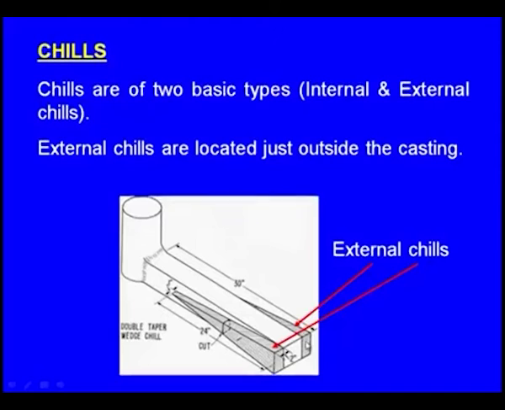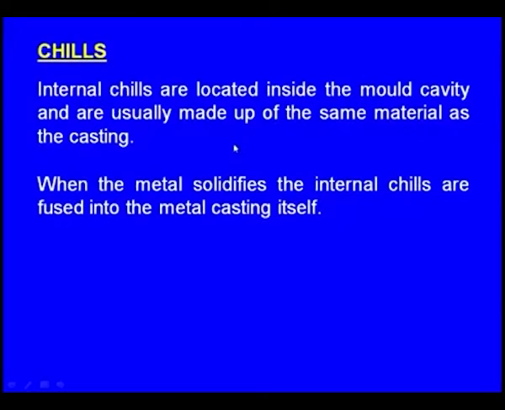So these are the external chills which are located outside the casting inside the moulding box, and there are internal chills also. Now we will see the internal chills. These are components which are located inside the mould cavity and are usually made up of the same material as that of the casting.